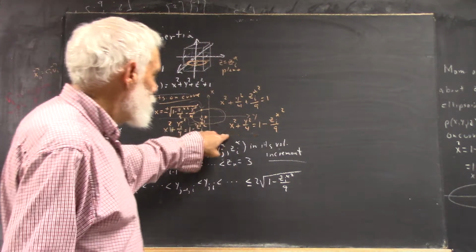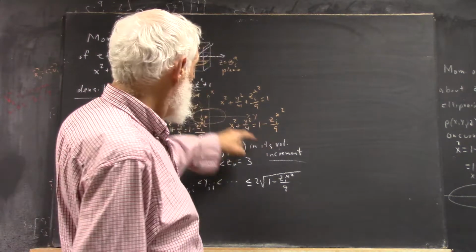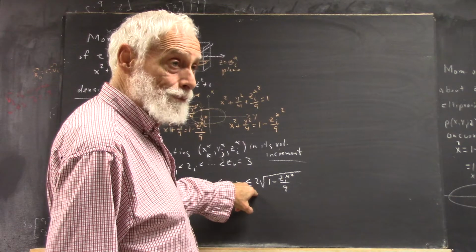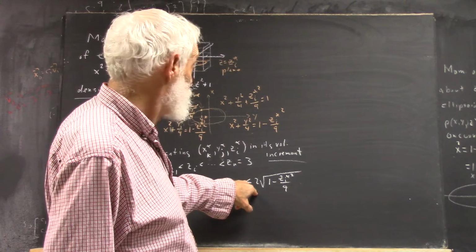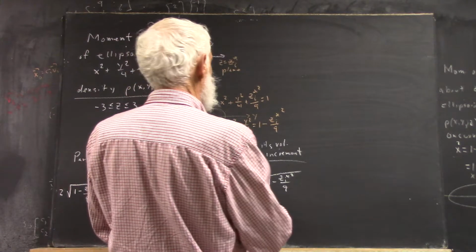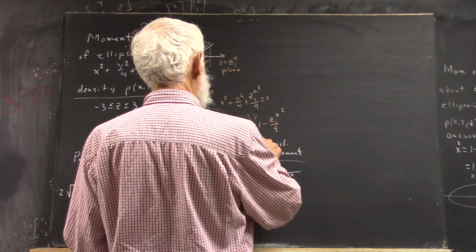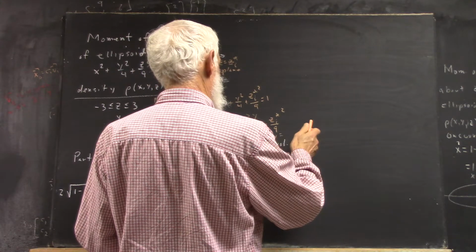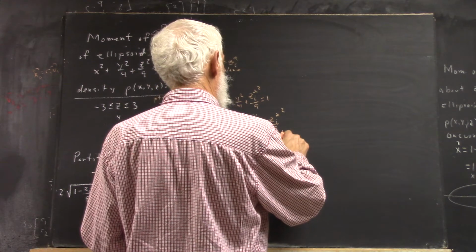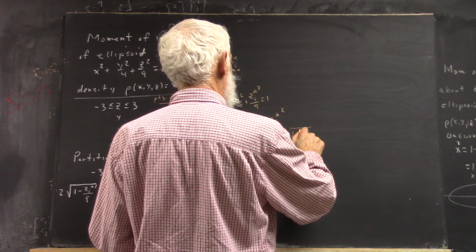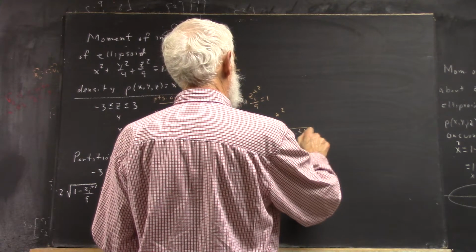And again, just by analyzing this, we see that if x equals 0, y has to equal this. Make a note. Y is plus or minus 2 times the square root of 1 minus zi star squared over 9.